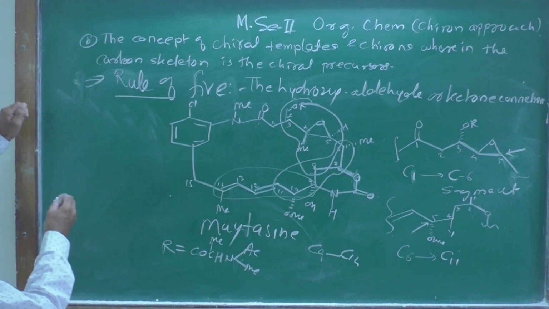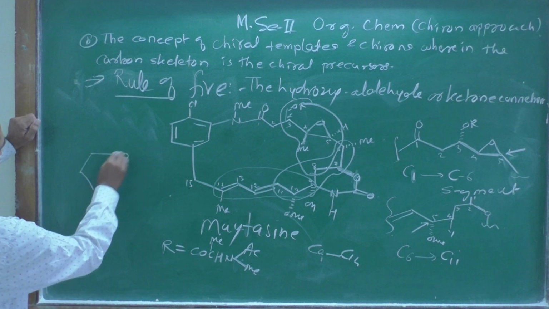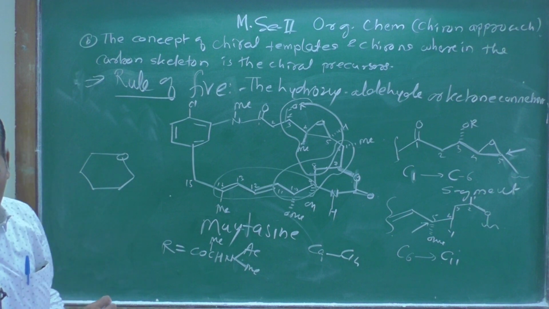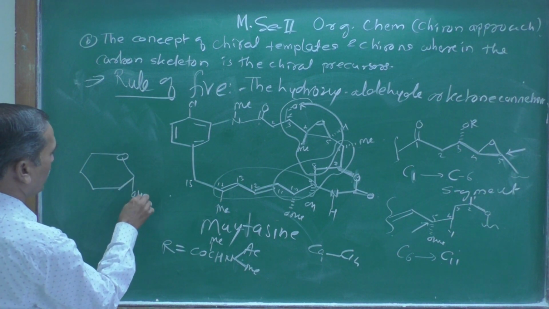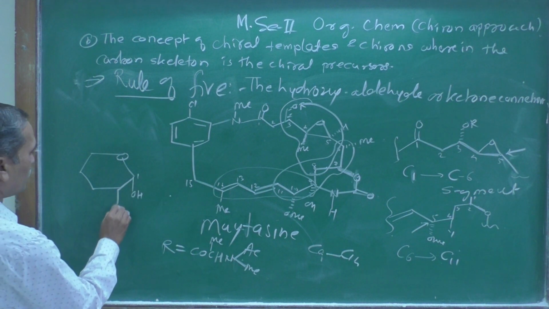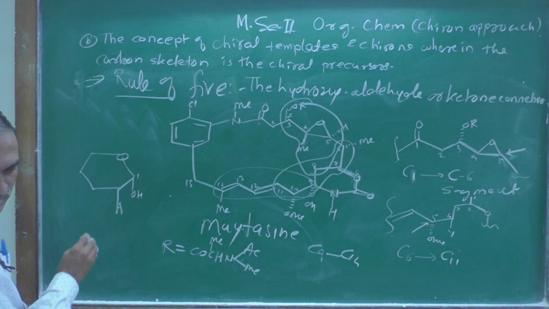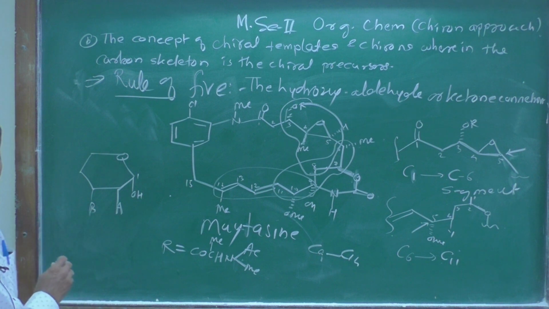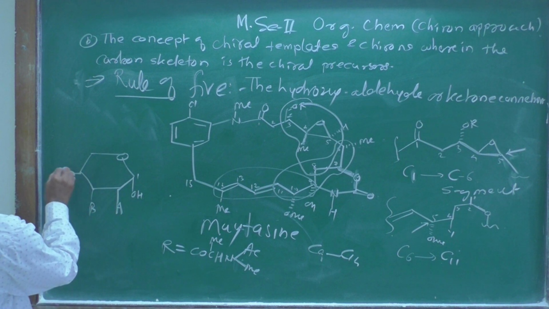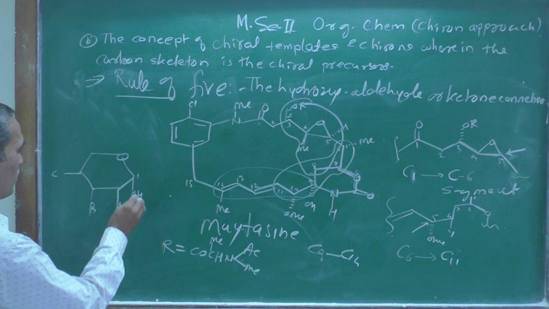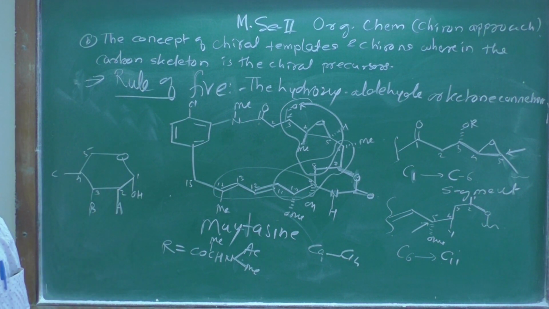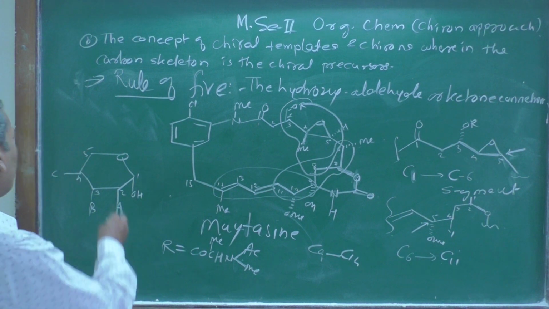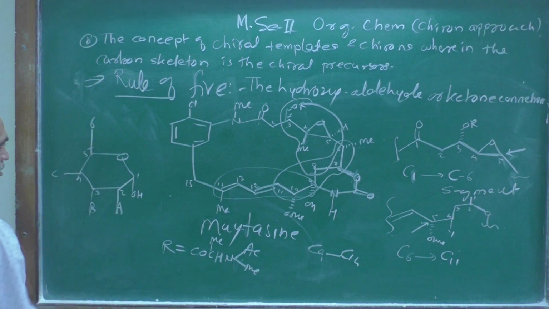The chiral template may be as this one that we are getting here. Suppose this is anomeric carbon 1, and here you can write A, then B, and here C. This is carbon number 1, 2, 3, 4 and 5 here, and here may be a 6 one.